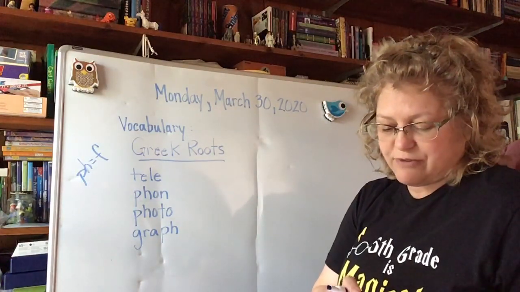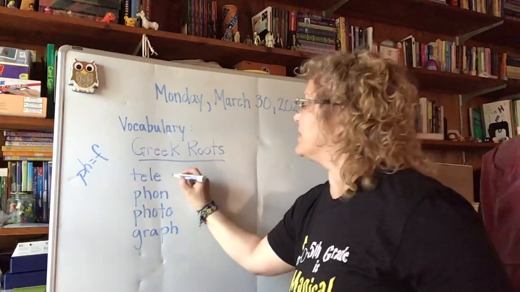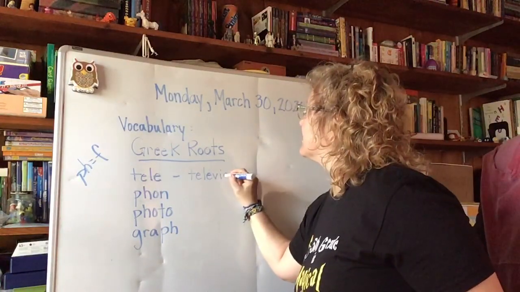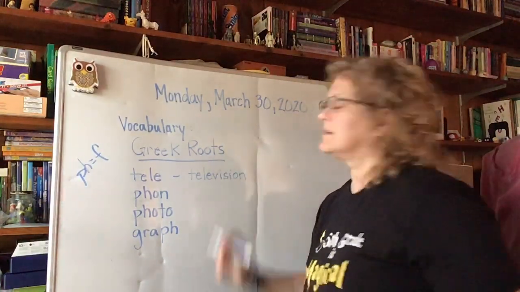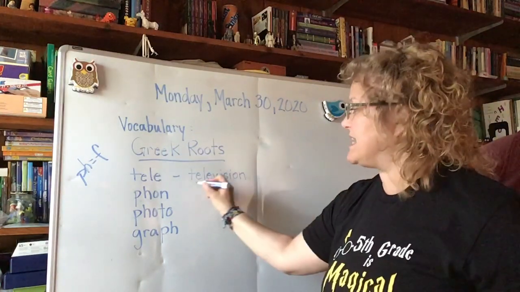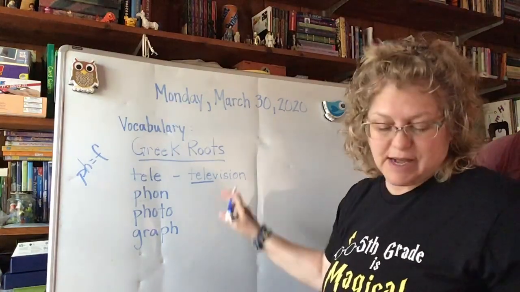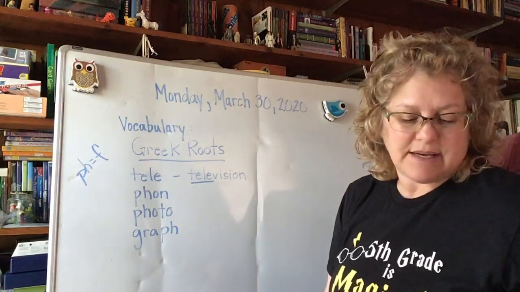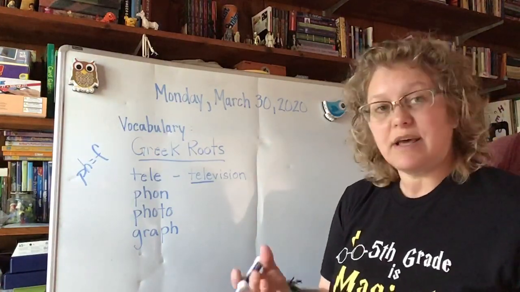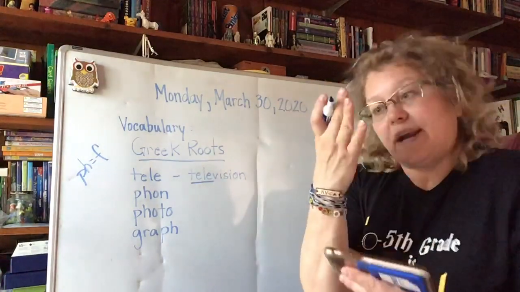So all of these roots mean something. Let me come up with our first word. The first word that they show as an example is television. So tele actually means distant. We're seeing something in vision from a distance. When you're watching a television, think about it. Usually a TV is not right up next to your face.